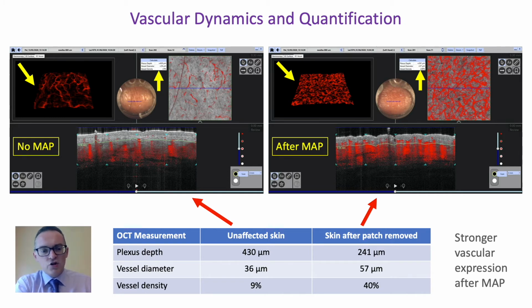These images show that whenever we have a piece of skin, we can see blood vessels that are clearly visible, and we can highlight those in red before we insert the microneedles. After we insert and then remove the microneedles, we clearly see stronger vascular expression.